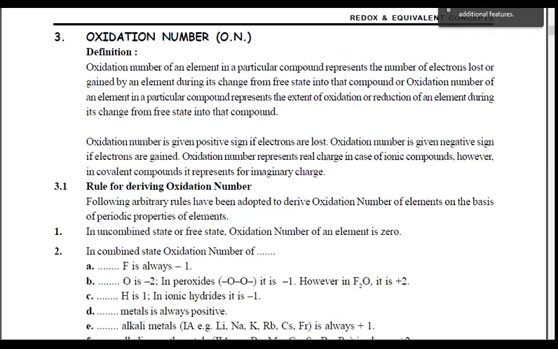Oxidation number is of an individual element or individual atom, or a group of molecules. So obviously there must be some standard oxidation numbers. For example, suppose I'm talking about Na.